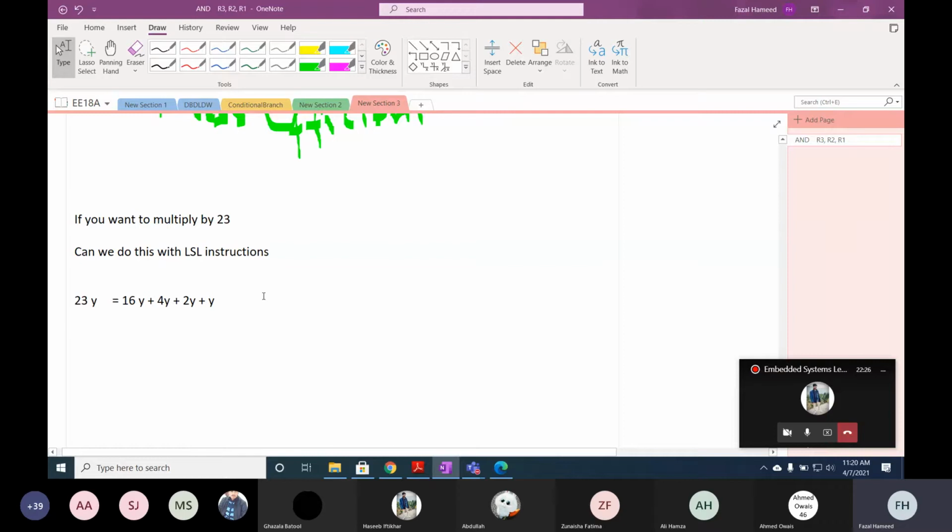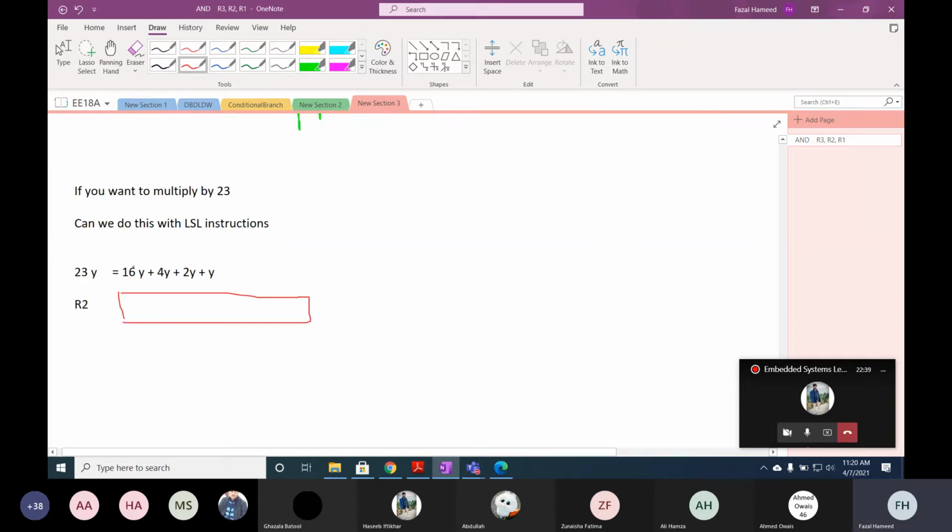So what can we do? Let's assume we have a register R2, and we multiply it with 23.